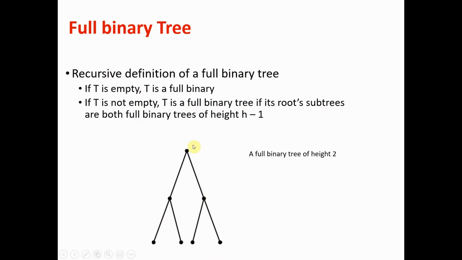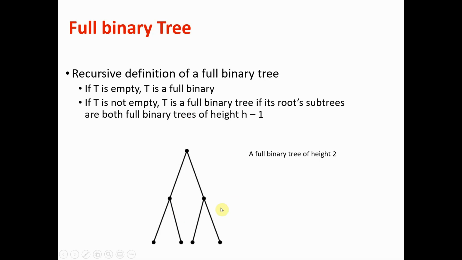So if this tree wants to be full, the root's subtrees also have to be full. This one has to be full, and this one has to be full. If we follow this recursive definition, we get to the actual definition, which means that all the leaves have to be at the same level.